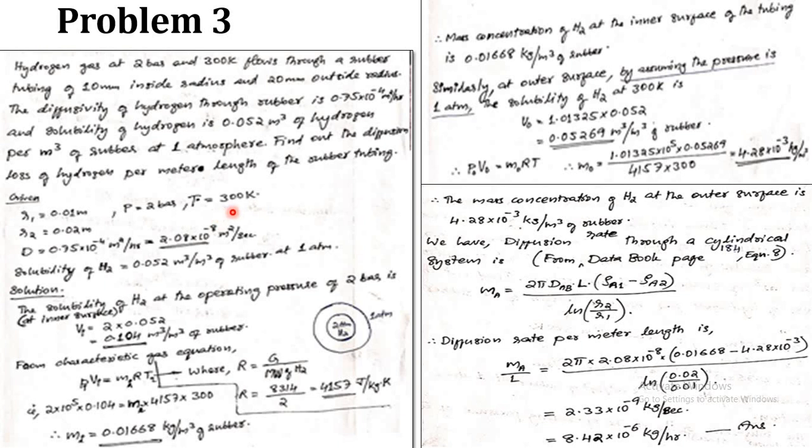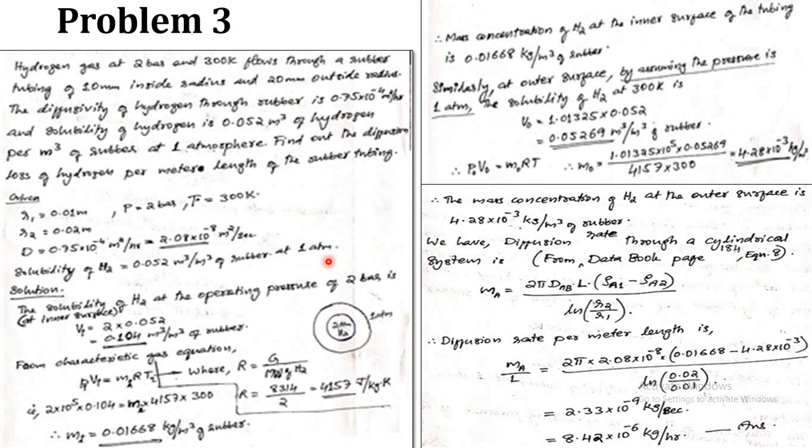The diffusion coefficient is also given in meters square per hour, so convert it to seconds. Solubility of hydrogen is given as 0.052 meter cube per meter cube of rubber.